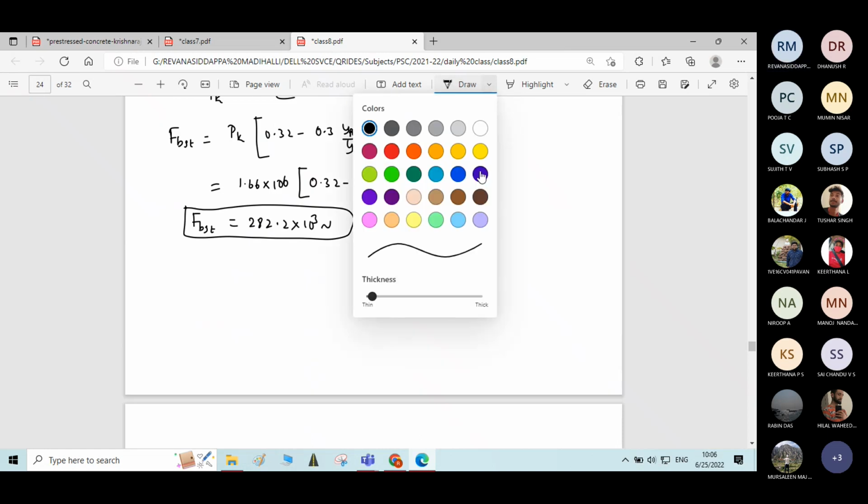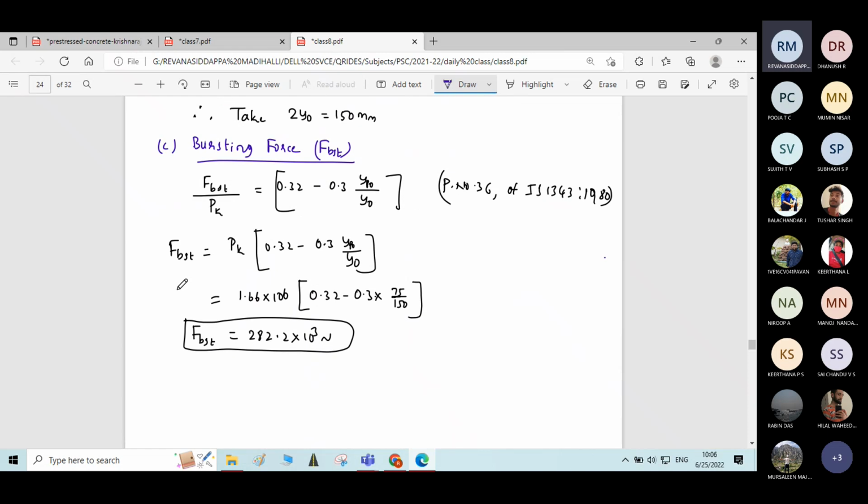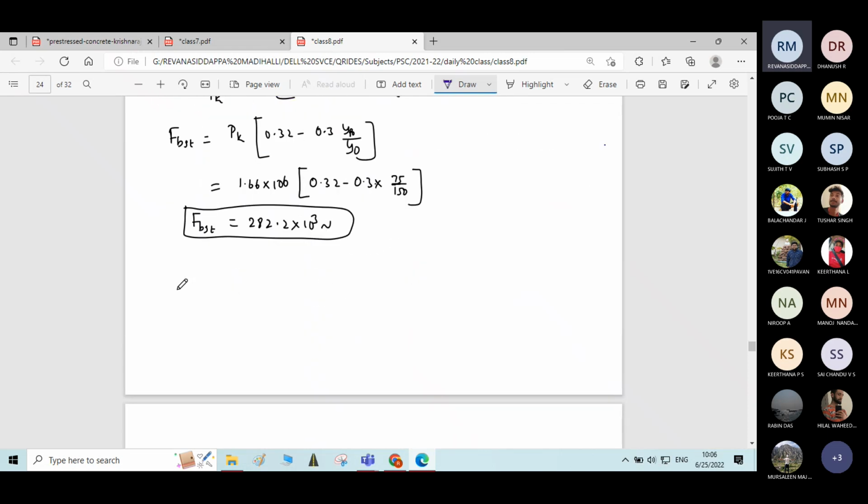The next step: after knowing the bursting force, you can design the reinforcement, or find the area of steel required for the end block. Next step, area of steel. We have the formula for finding the area of steel: Ast is equal to FBST divided by 0.87 Fy.